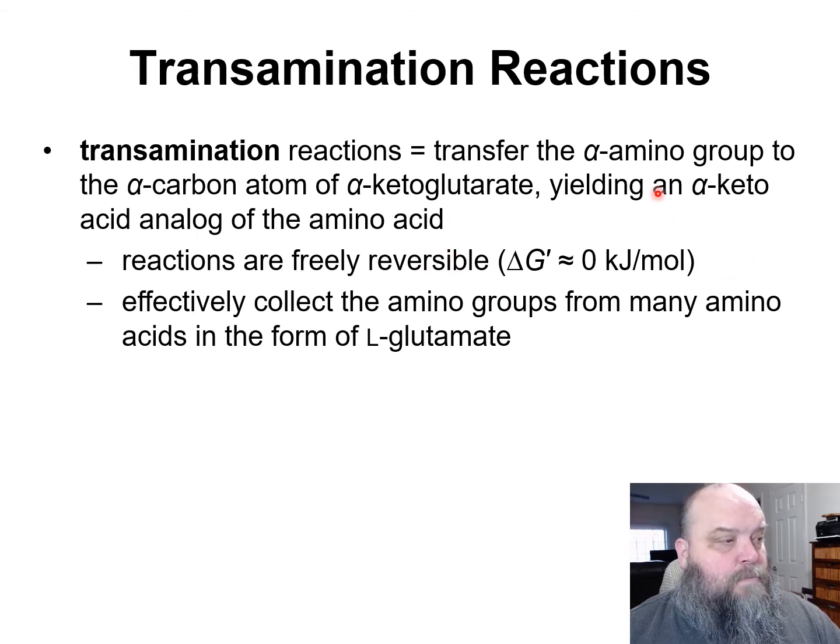They consider this to be pretty much a net zero. The transfer, the pulling off, the transfer has within it exergonic and endergonic steps, depending upon the intermediates, depending upon how it's done. So they consider this to be roughly a net zero.